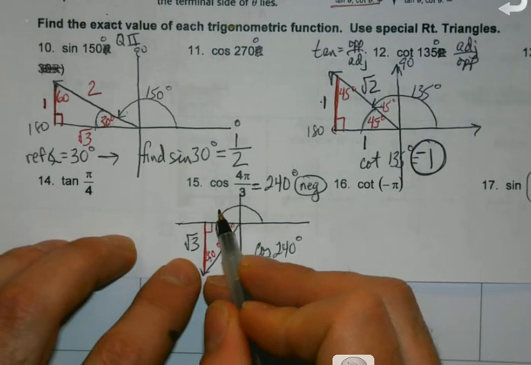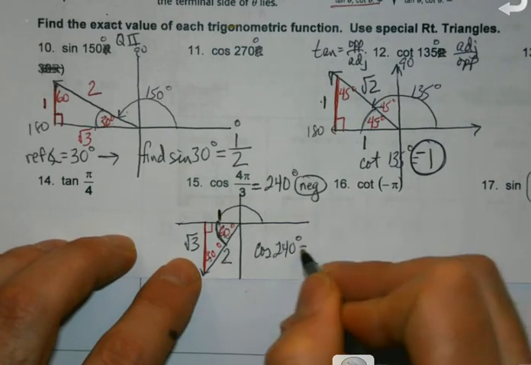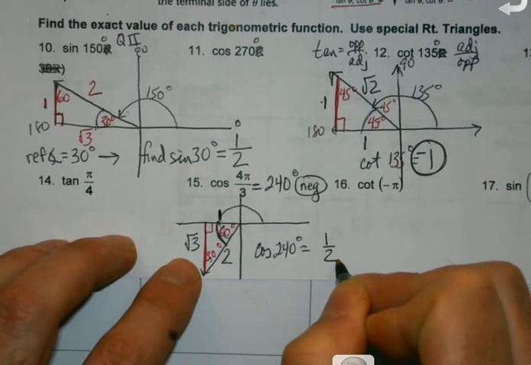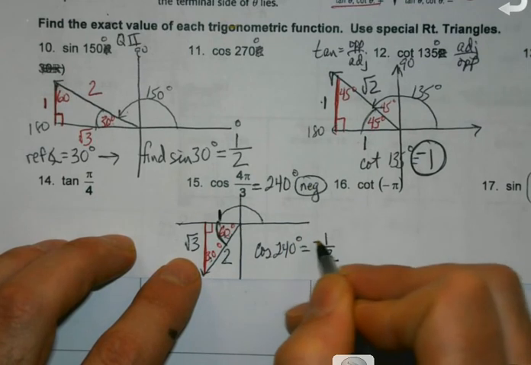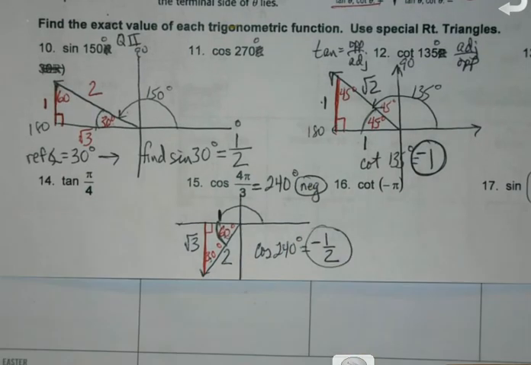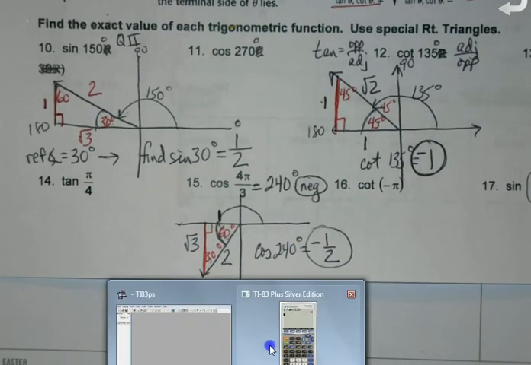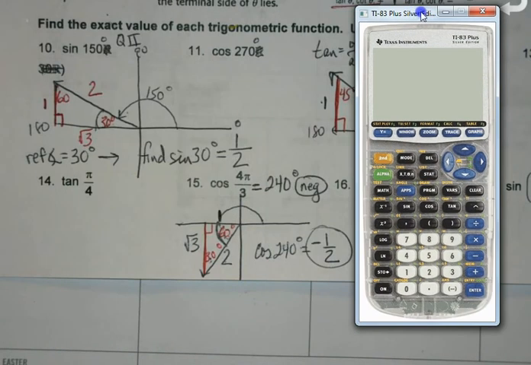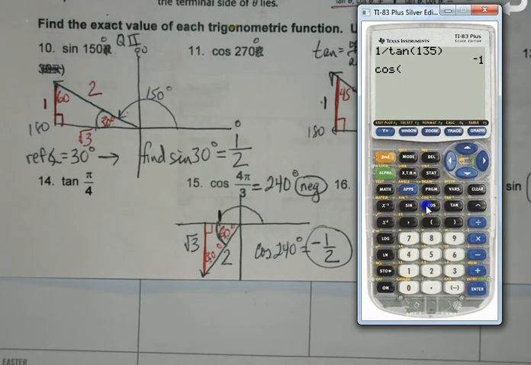Yes, adjacent over hypotenuse, but I remember it's in this quadrant, so it's going to be negative. And I can double check. Is the cosine of 240, hopefully, negative 0.5? Woo!